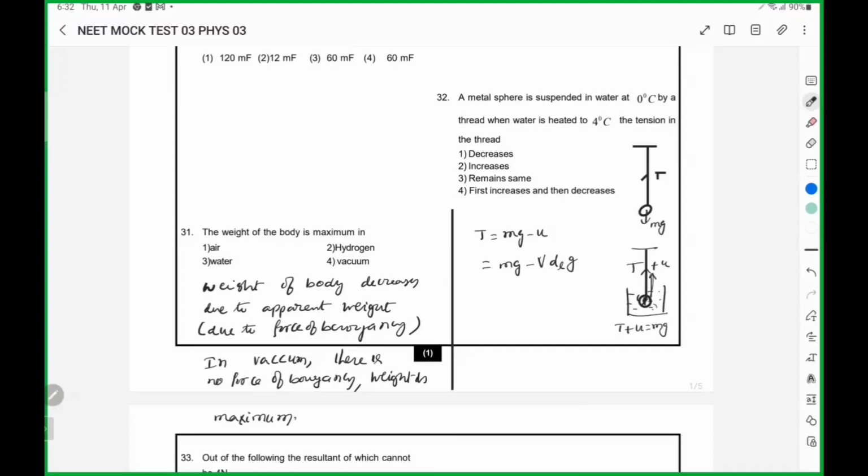So what is the speciality of water? In general, as temperature increases, liquid expands.